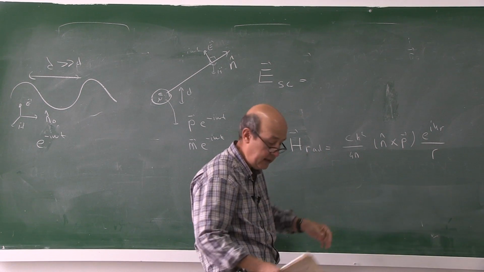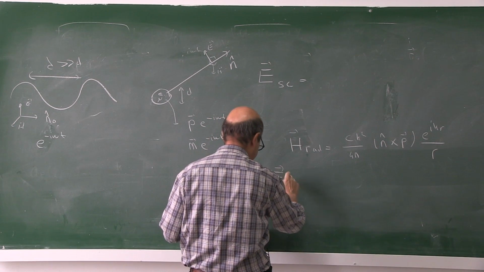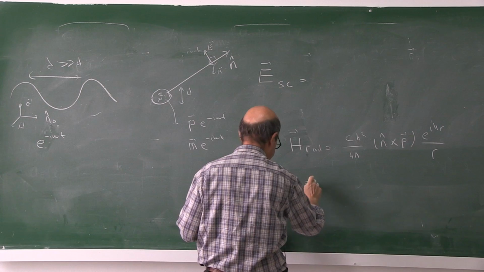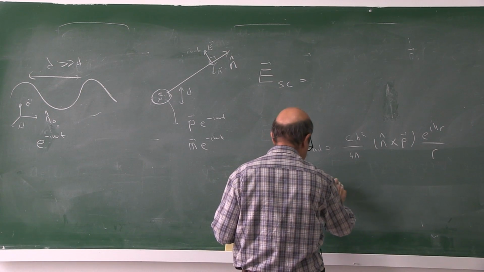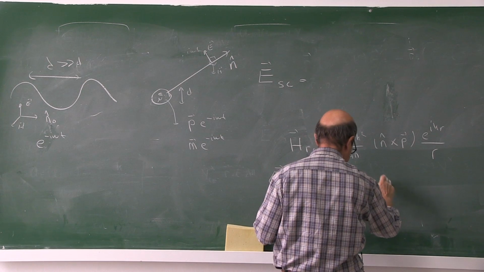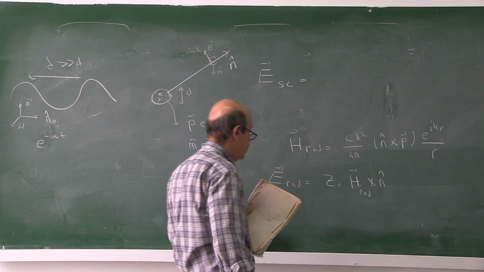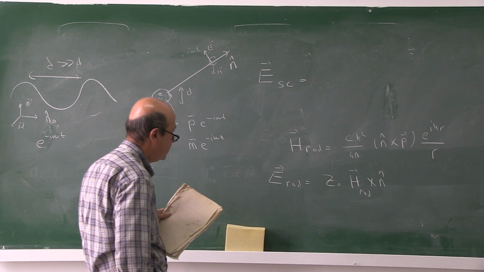You can calculate the electric field. What is the electric field? The electric field of the radiation is the impedance of free space, Z0, times H cross n, and that is nothing but this one.